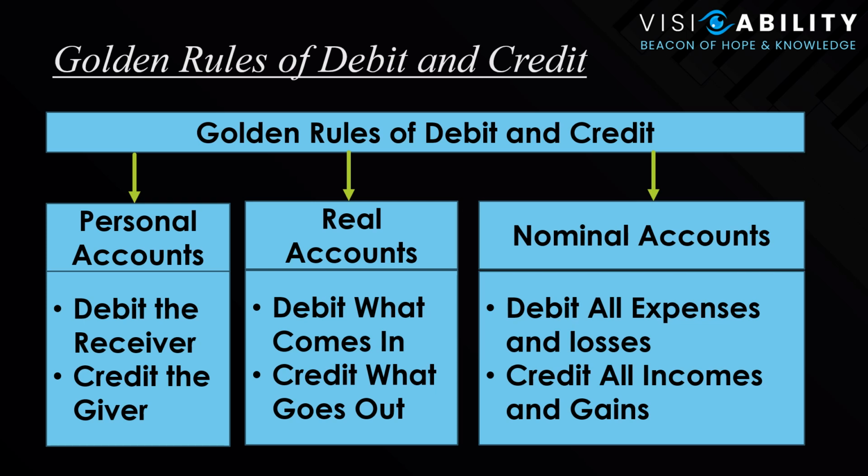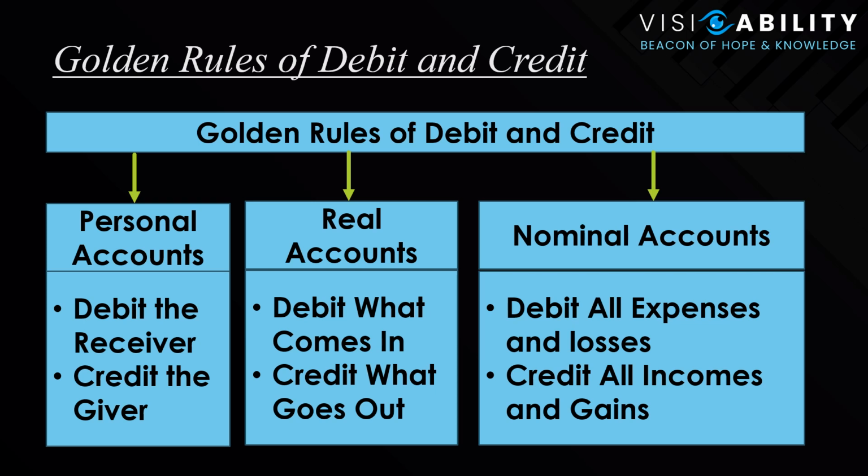Coming to the next category, the nominal accounts. Debit all expenses and losses, credit all incomes and gains. As I told you right at the beginning, for example, a discount, a commission or a rent all come under the category of nominal. In case that particular rent is your expense, it would come on the debit side.